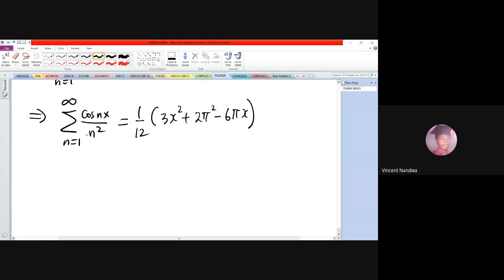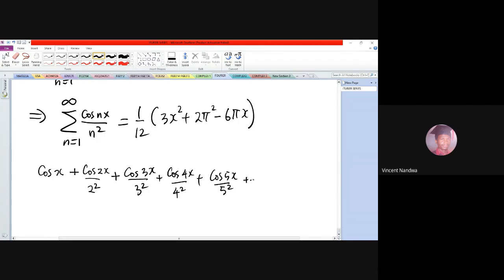And now we write this one in expanded form as cos x when n is 1. When n is 2, we'll have cos 2x over 2 squared plus cos 3x over 3 squared plus cos 4x over 4 squared plus cos 5x over 5 squared plus other terms should give us 1 over 12 into 3x squared plus 2 pi squared minus 6 pi x.